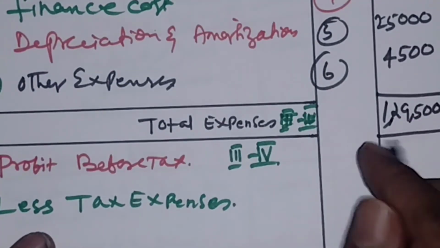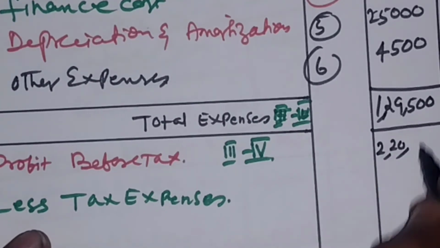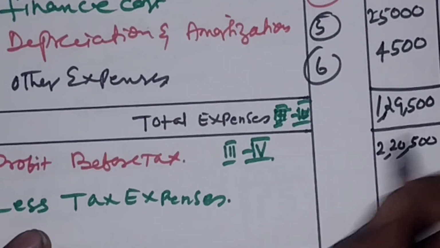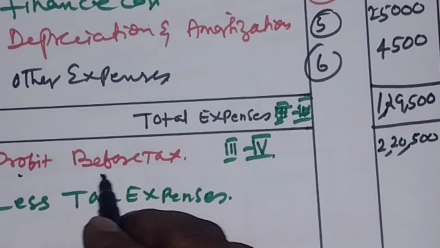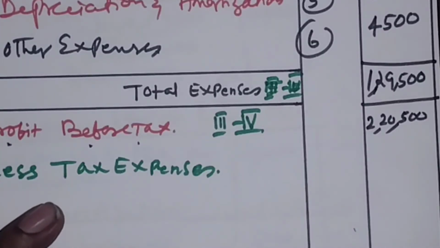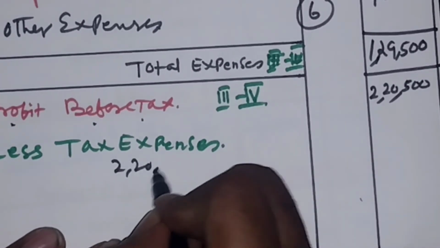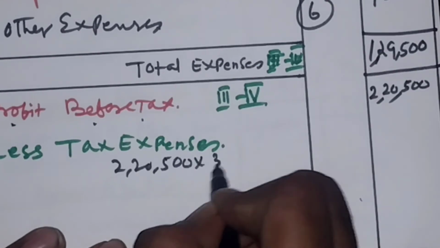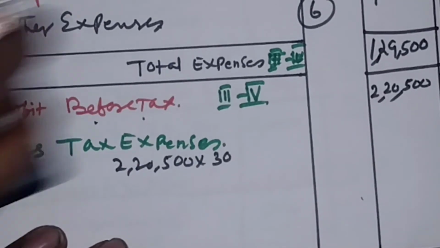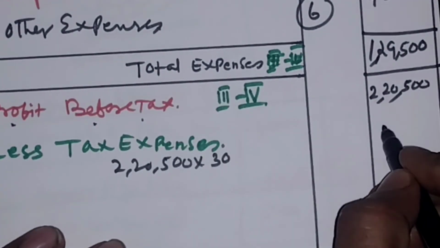The amount I get is called 2,20,500, that is profit before tax. Assuming now 30% is the tax on this 2,20,500, let me calculate 30% tax: 66,150.